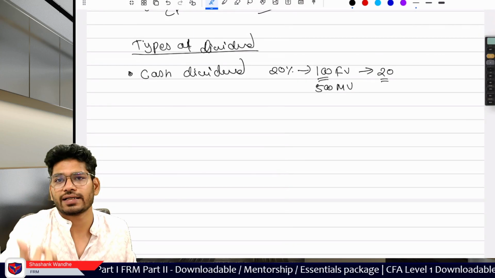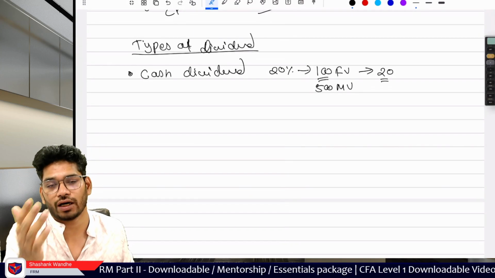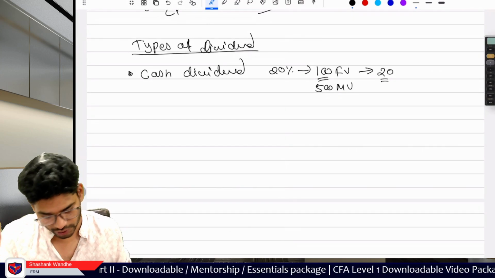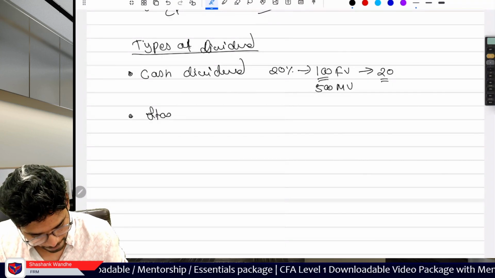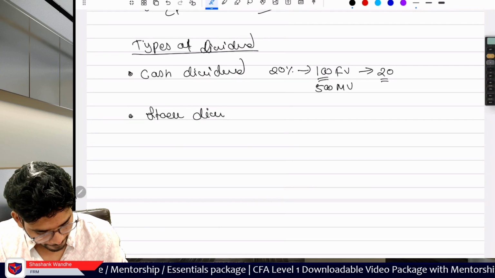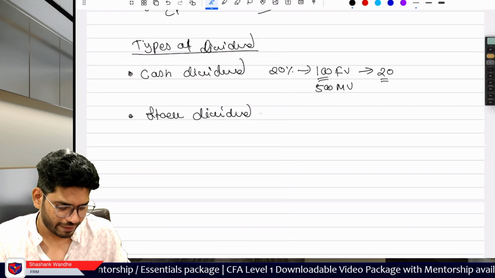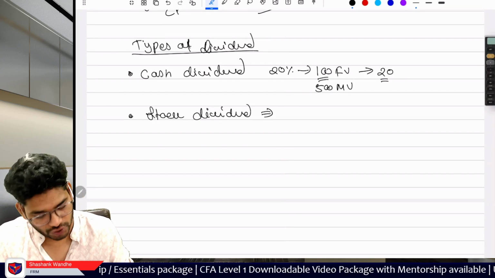In a cash dividend, the dividend is actually paid in cash to the investors or shareholders. Next is the stock dividend. A stock dividend is paid in the form of stocks.